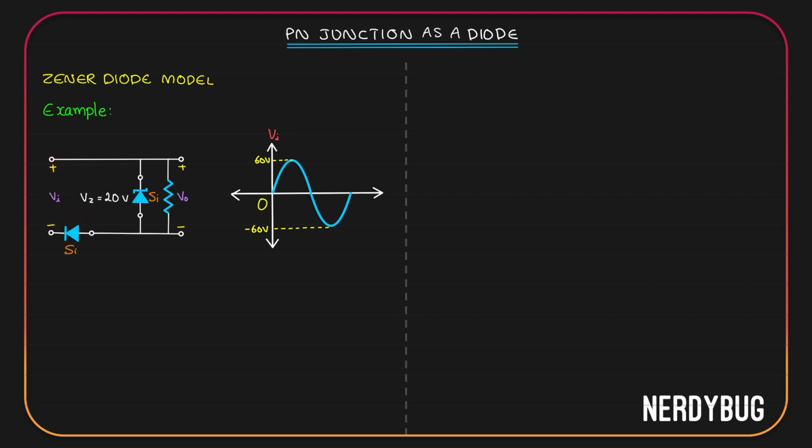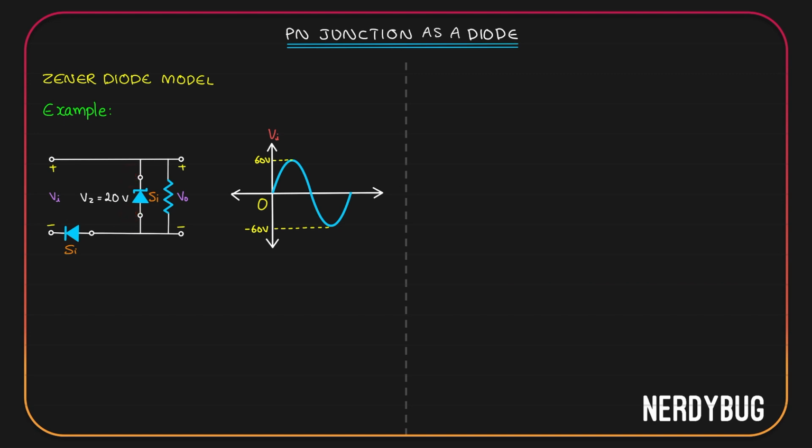The normal diode gets negative potential here and positive potential here, so it will be forward biased. I am going to consider the ideal diode model, so we can model this to be a closed circuit. Again, since we are taking positive potential here and negative potential here, the Zener diode will get positive here and negative here, which means it is reverse biased.